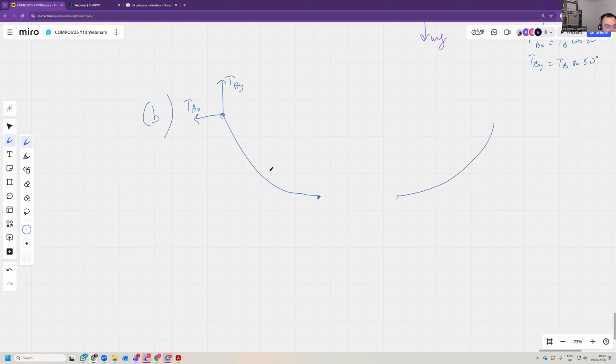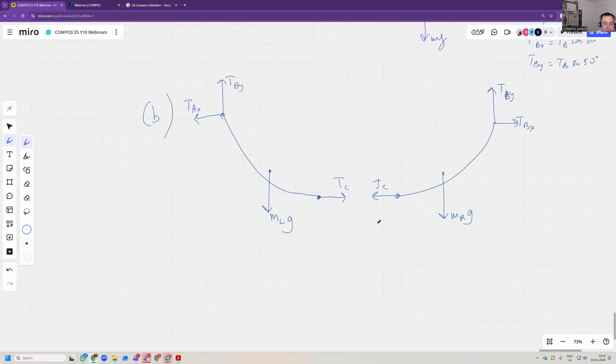And here you have the mass on the bottom. There's the other rope, TC, pulling to the right. So the right rope is pulling the left rope. And there's the mass of the left-hand side, mass of the left times g, and then here you have the mass on the right times g. There's also TC pulling this way, and TBY and TBX.